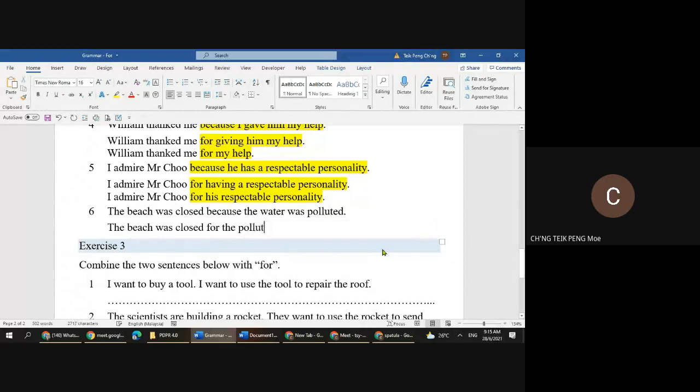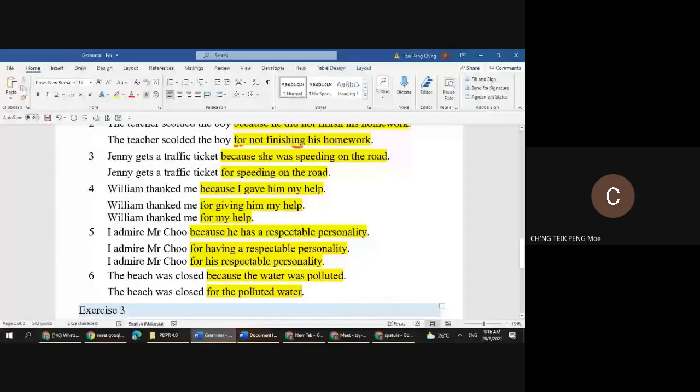Sebab air dicemari, for the polluted water. So for number 6, we can only have one answer. Is there any problem here? Ada masalah? Siapa yang tak faham? Yes? No problem? No problem, sir.